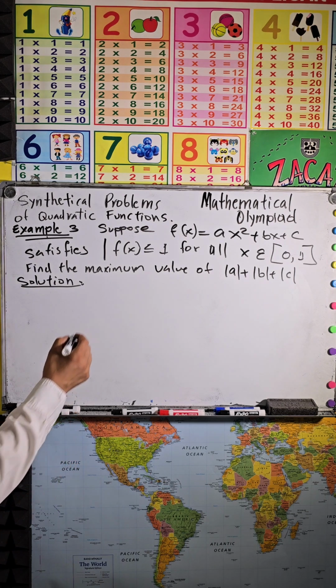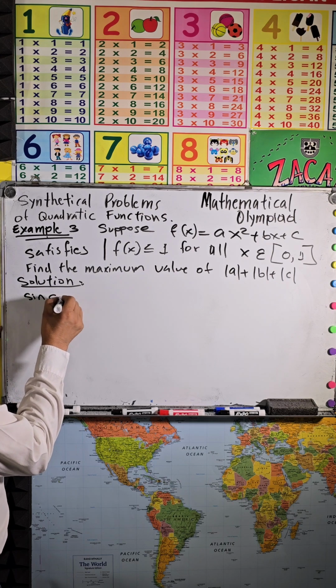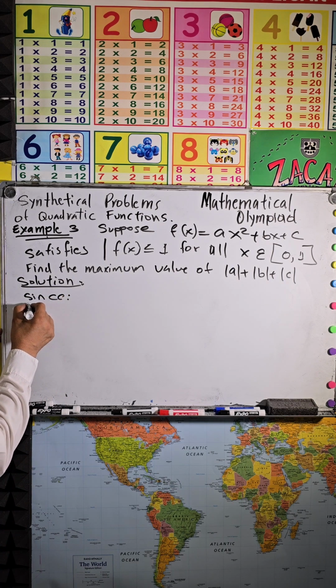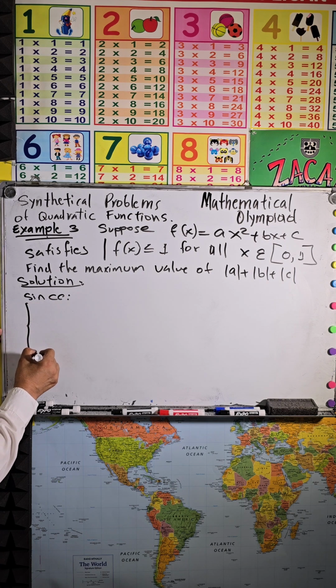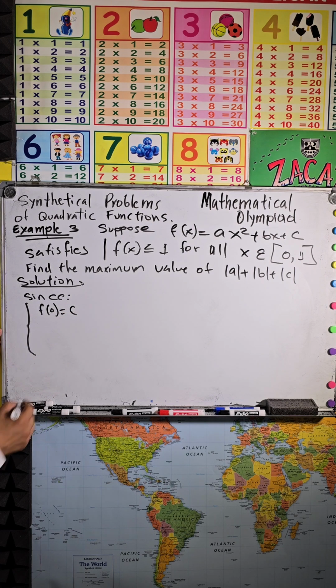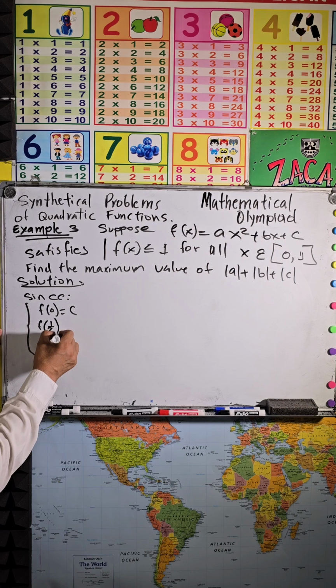So we have this great information here. Let me write f of 0 equals c. Remember, I am connecting this problem from the last problem, problem number 2, which I did.